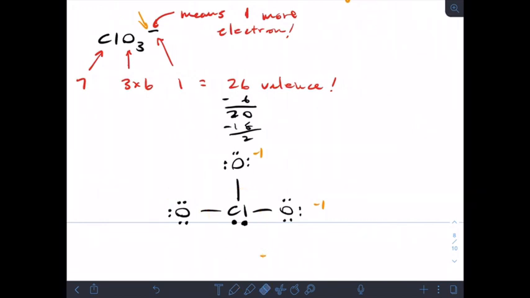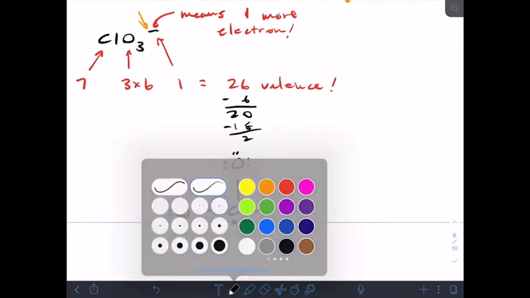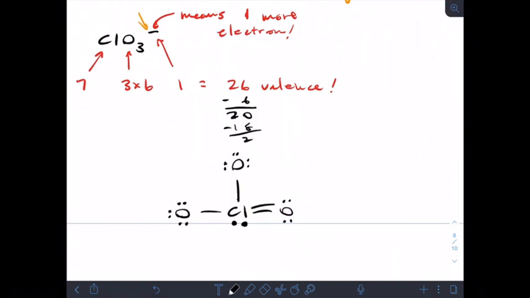Let's see. If I borrow from some outside atoms and make extra bonds, now let's check the formal charges.